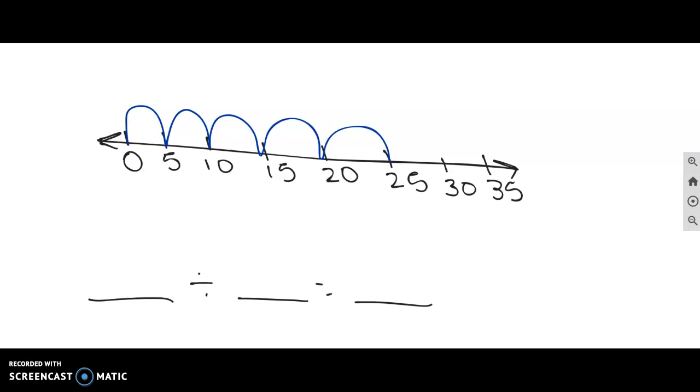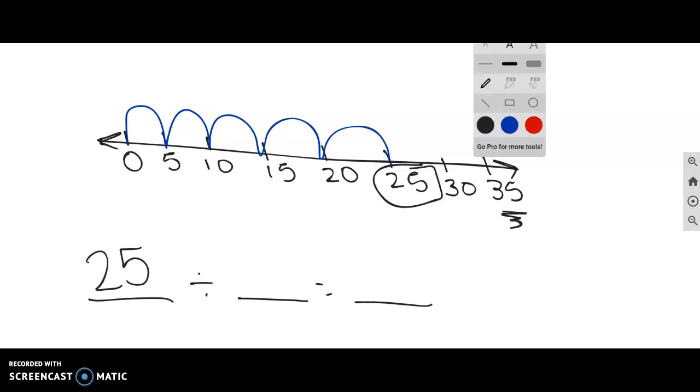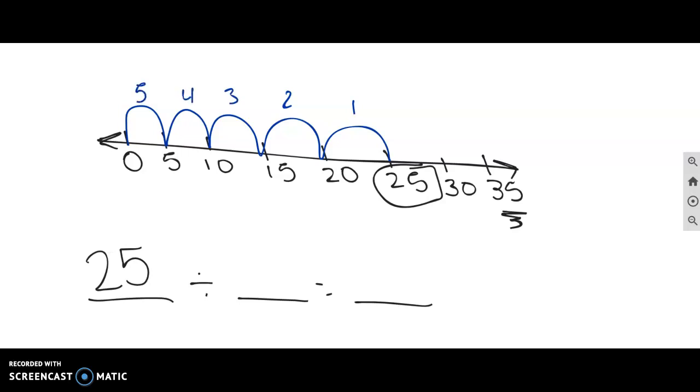So here, I didn't start at the end of my number line. My hops actually started on 25. So wherever my hops start is the number that we start our division problem on. So 25. Now, I need to know how many hops I had on the board. So let's count them. We had 1, 2, 3, 4, 5. There were 5 hops. And then we're going to look back from 0 to 5 and see what was our interval. What were we counting by? Well, we were counting by 5.